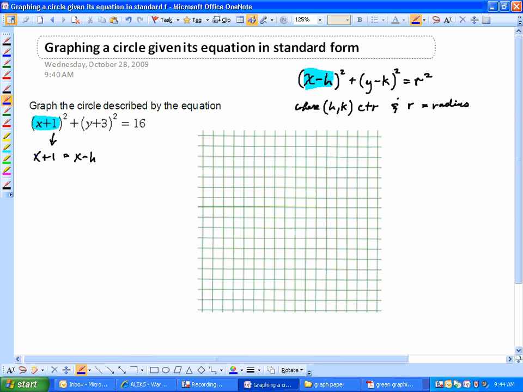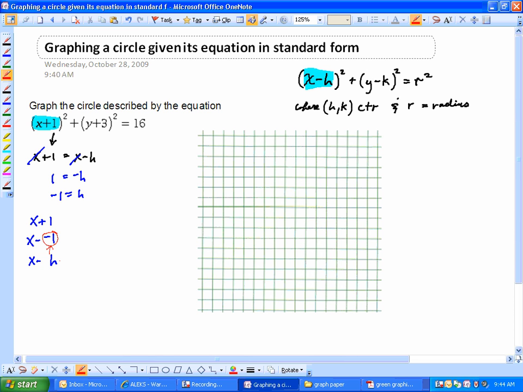Algebraically, the x's will cancel, and 1 is the opposite of h, therefore h is negative 1. Or you can think of x plus 1 as x minus negative 1, which means h is this negative 1 right here.